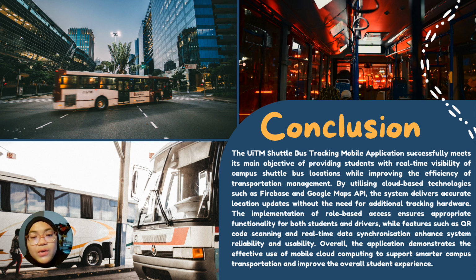The implementation of role-based access ensures appropriate functionalities for both students and drivers, while features such as QR code scanning and real-time data synchronization enhance the system's reliability and usability. Overall, the application demonstrates the effectiveness of using mobile cloud computing to support smarter campus transportation and improve the overall students' experience.